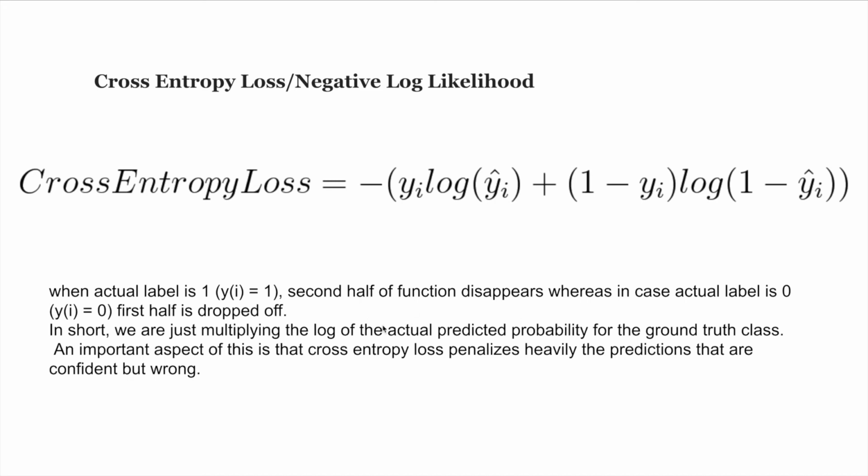Directly, if the predicted value is very far from the actual, the cross entropy loss penalizes heavily when predictions are confident but wrong.